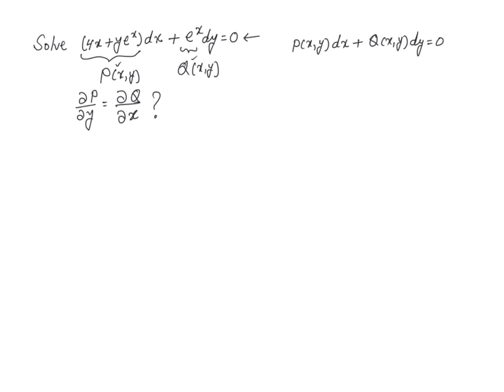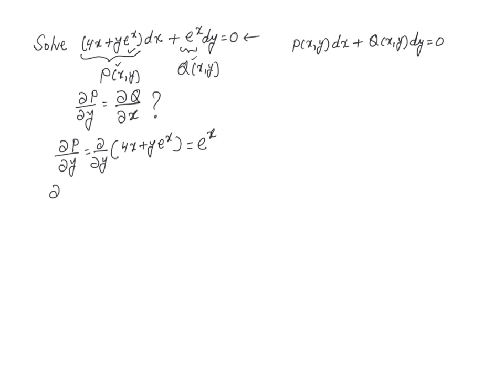Is that equal? So let's find del P over del y, which is del over del y of 4x plus y e to the power x. That is pretty easy, right? The derivative of 4x with respect to y is 0. The derivative of y e to the power x with respect to y is just e to the power x.